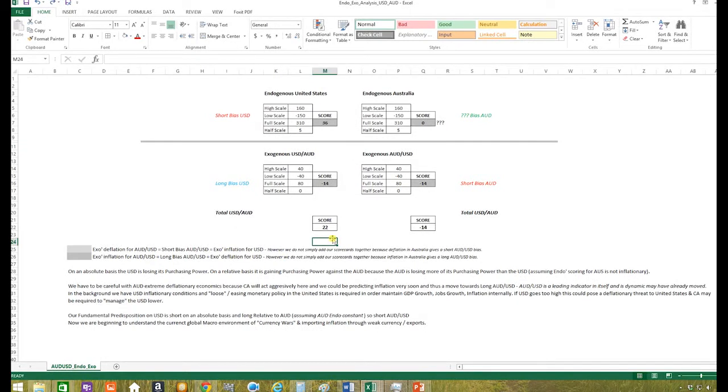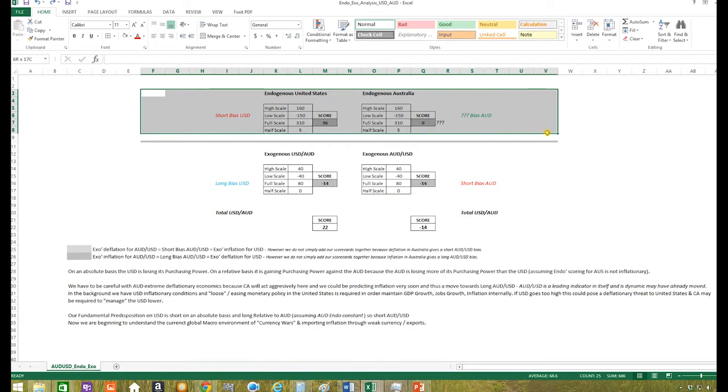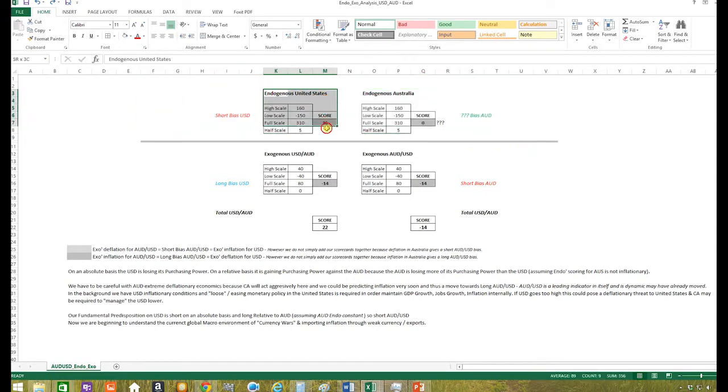What we have here first on the top of the spreadsheet is our endogenous analysis from earlier. On the left-hand side, we have our familiar scale from the endogenous driver analysis spreadsheet, where we're looking endogenously at the United States with our total full scale of 310 points, of +160 to -150 with a half scale of 5.